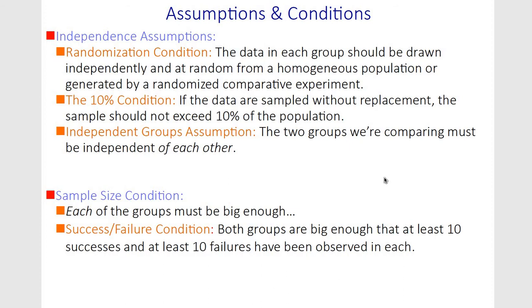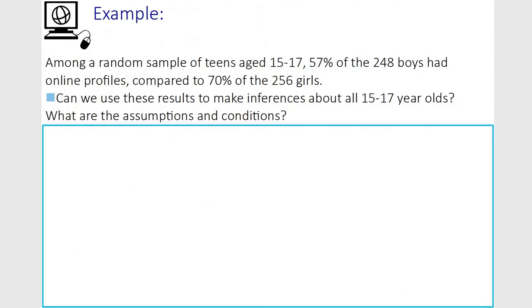Okay, so you can't look at a student's pre-test and their post-test. Okay, you can't compare the results of individual people from one trial and then the same people in the second trial. They have to be independent. Okay. Sample size condition, each of the groups must be big enough. Okay, so success/failure condition, so they have to have at least 10 successes and at least 10 failures observed in each.